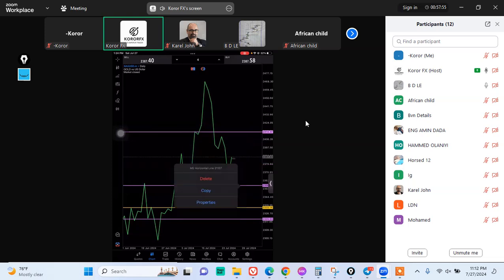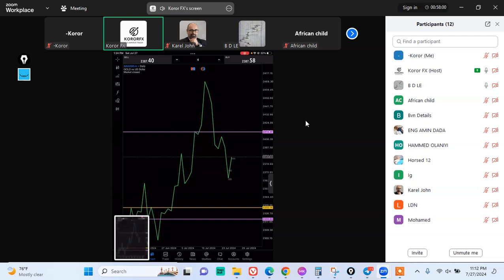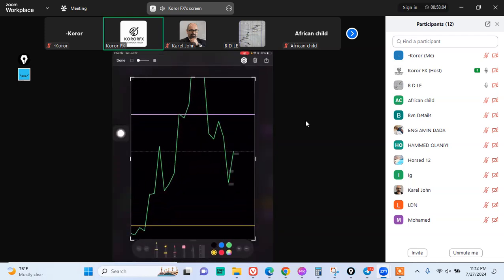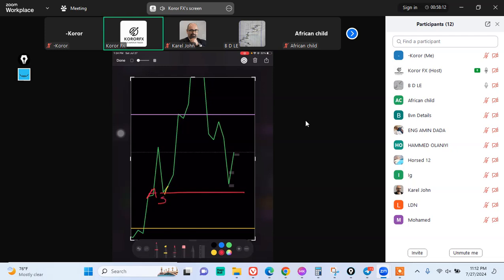So you want to understand what's happening on daily? Let me take a screenshot. Okay. And then this is our point A. This is the support where price is buying on the daily, and this is our point B, where price is moving to.